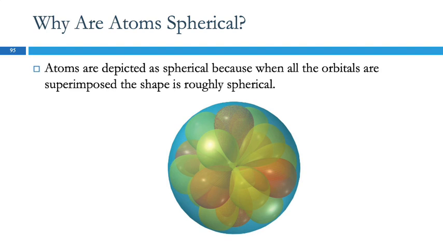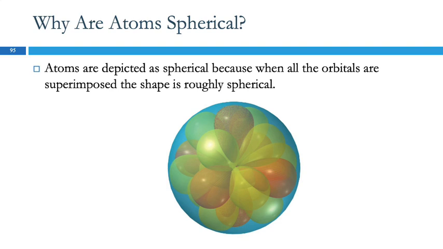But if you think about combining all of those different orbitals, you're going to get something that's roughly spherical, right? He described it like clouds almost, like clouds that overlap. Yeah, you can think of them as being like clouds, because they're not solid objects. They can go through each other and be in the same space. And yes, that's very hard to understand.